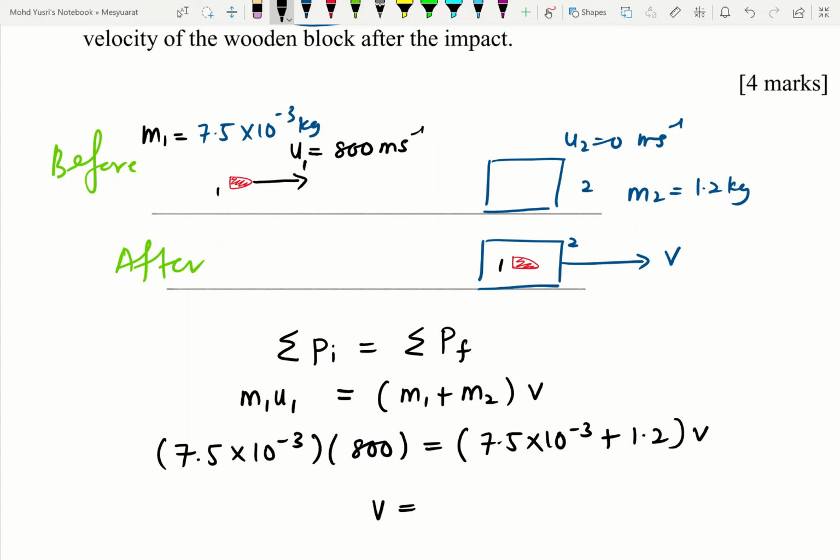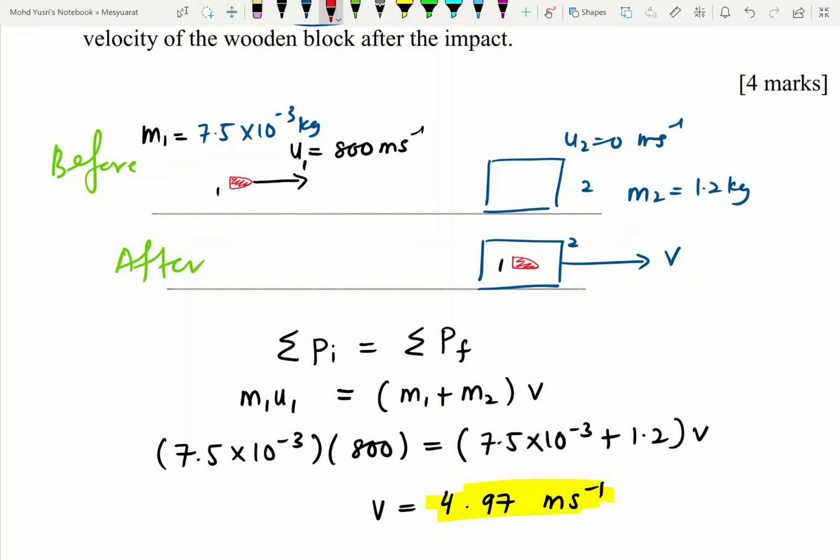And you can rearrange this equation to get the value of final velocity of the block is equals to 4.97 meter per second. Okay, so that's the answer for question 3b.